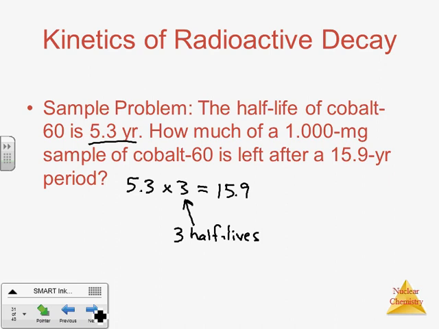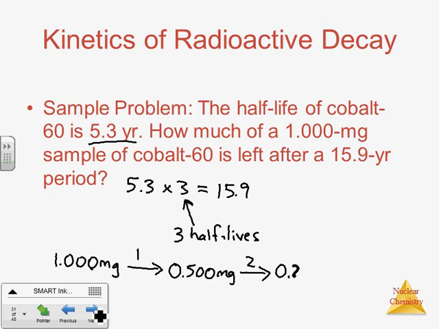Okay? So if we have 3 half-lives happening here, then we just need to think about what's going on. We've got 1,000 milligrams of a sample, okay? In the first half-life, this is going to decay down to half that amount. So now we've got 500 milligrams, okay? After the second half-life, the amount is cut in half again.